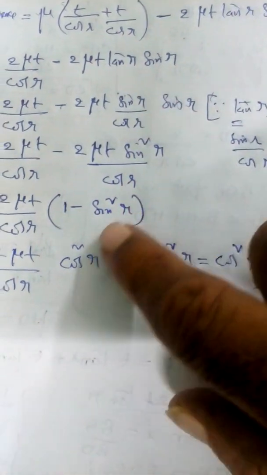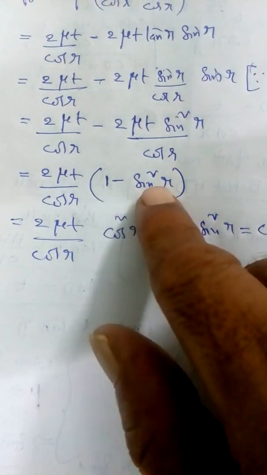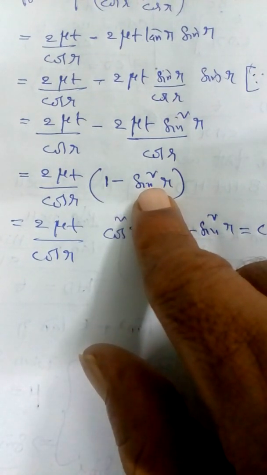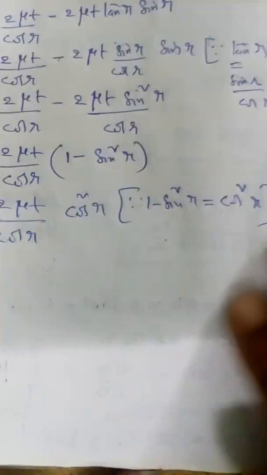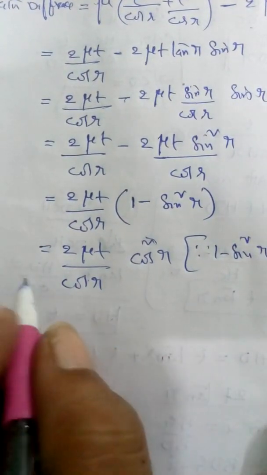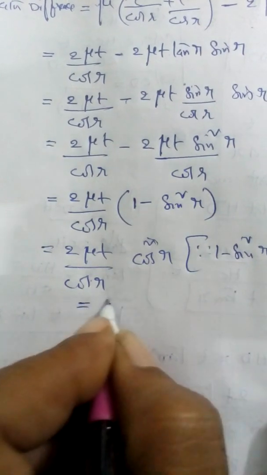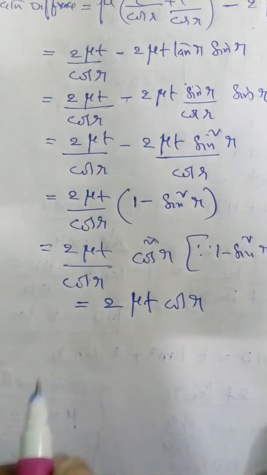So having simplified here, after taking out the common factor, you will have 1 minus sin square r. Sin square theta plus cos square theta equal to 1. Using the trigonometric expression, 1 minus sin square r equal to cos square r, that I substituted. So one cos r will cancel out, and therefore you will be left with 2 mu t cos r.